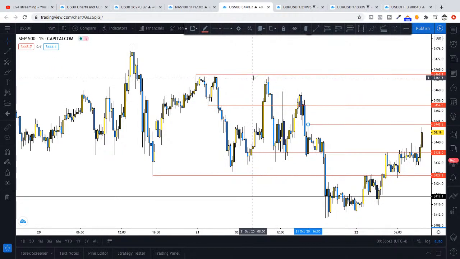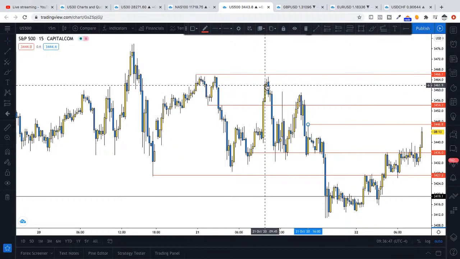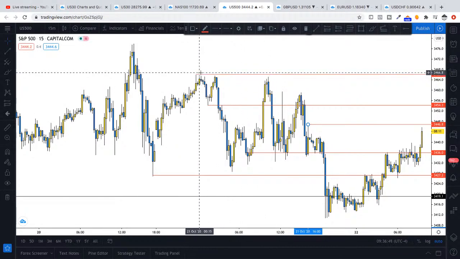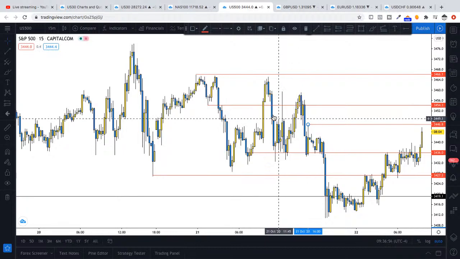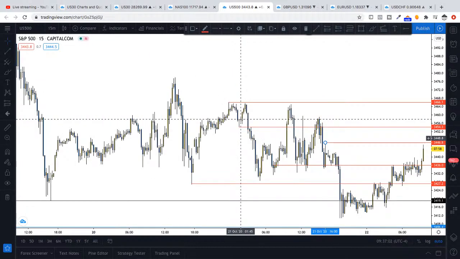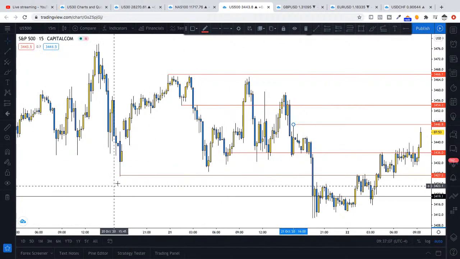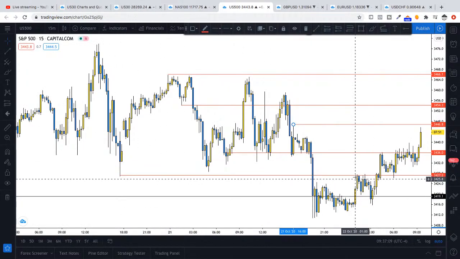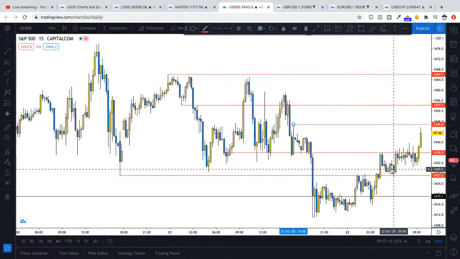If you watch the commentary from yesterday, I was taking a short right here. And as you can see, it just went a little more. Had I put my stop up here as I planned, I'd have been able to get that trade because I would have been hitting for the bottom right here. And you can see price rejects there, gets above it, sits here, it's above it now.